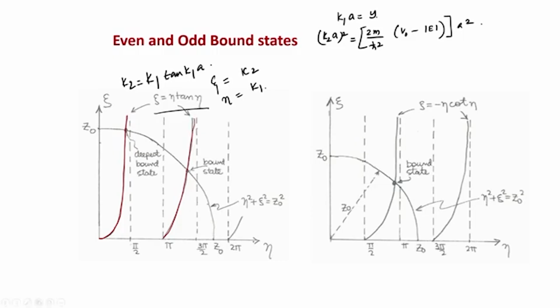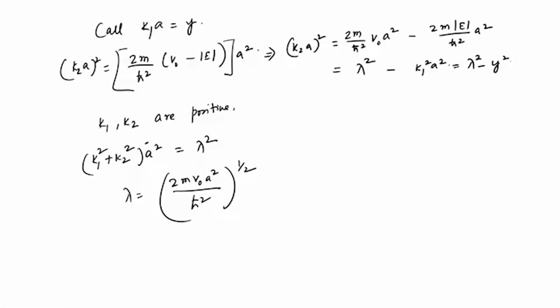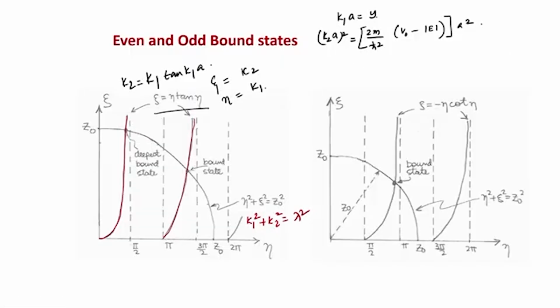And these other curves are given by k1 squared plus k2 squared equal to lambda squared, which is what we have derived here. The a has been taken equal to 1, but you can add the a squared here.